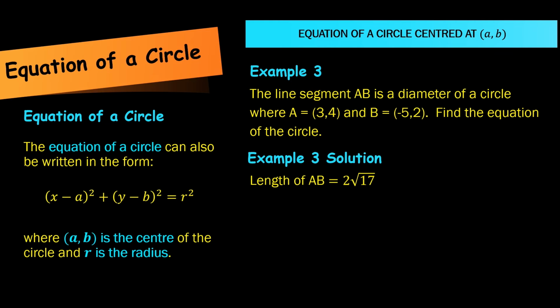So let's now find the equation of the circle. Now that we have that the diameter of the circle is 2 root 17, we can find the radius, which is half of this. So the radius is half the length of AB, which equals root 17.